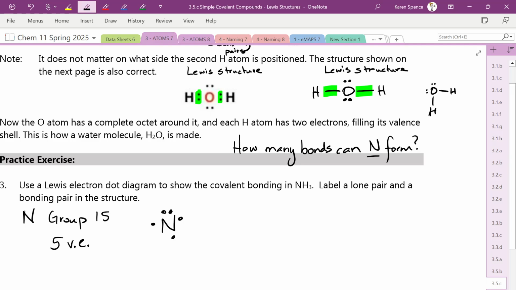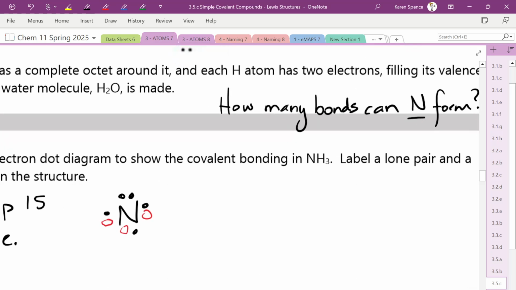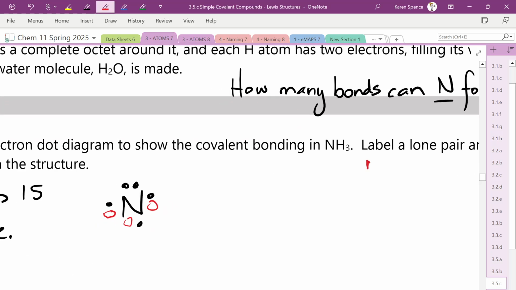Hold up your fingers to show me how many bonds nitrogen can form. Okay, 3, because we've got a gap here and here and here. So if you wanted to make the molecule NH3, what would that look like? We would have nitrogen, and we have 1, 2, 3, 4, 5.